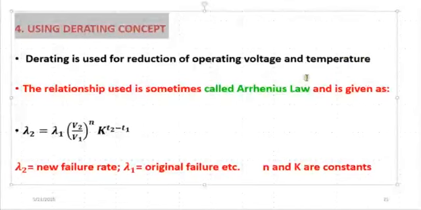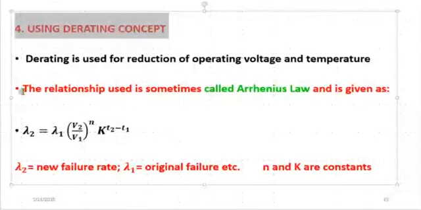If it can tolerate up to 60 degrees centigrade, maybe you can reduce it to 50. By reducing these values of voltage and temperature, you are derating the parameters of the component, and you are reducing the stress on it. And the more you reduce the stress, the better the performance should be.